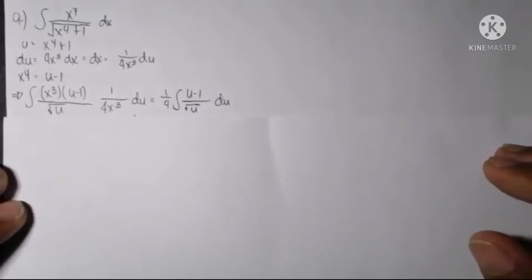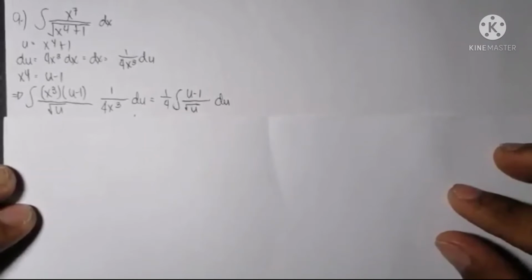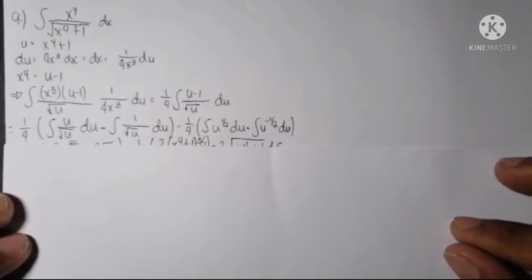So we get the integral of x cubed times u minus 1 all over the square root of u, times 1 all over 4x cubed du, which is 1/4 the integral of u minus 1 all over square root of u du.